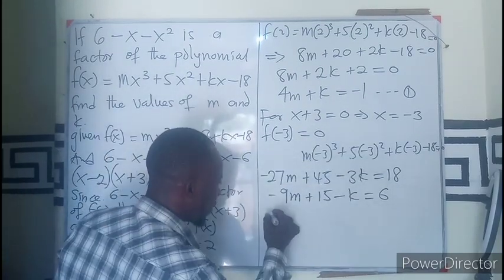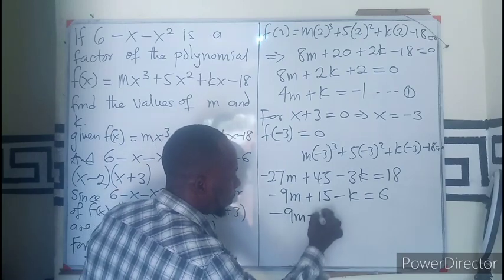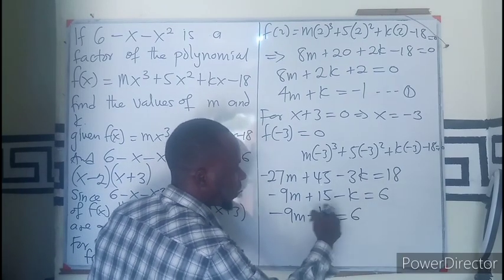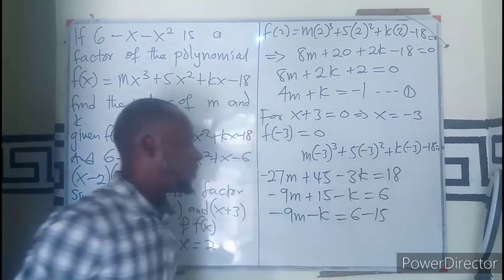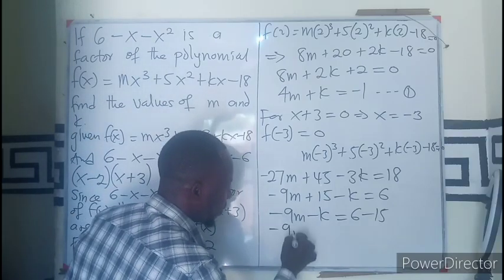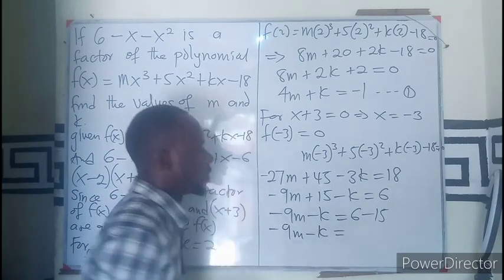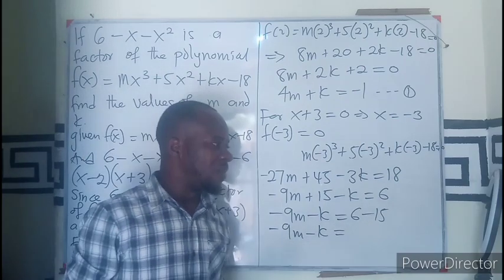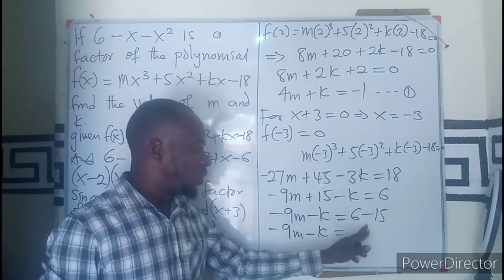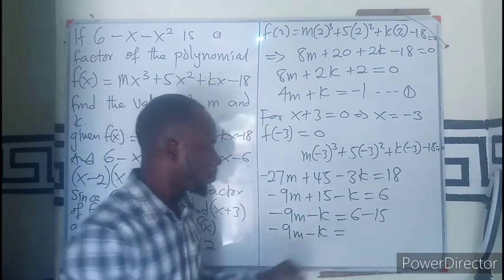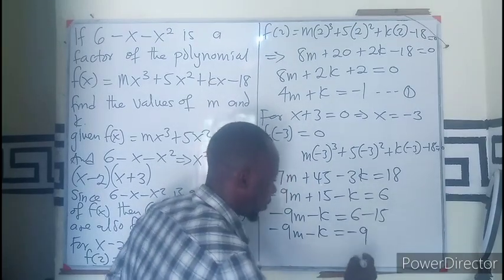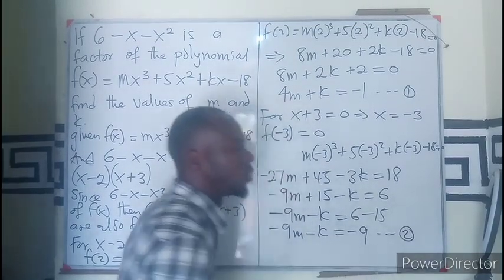Let me cross it: negative 9m minus k equals 6 minus what? 15. Finding the value of this, I believe this will give us negative 9. So that becomes equation 2.